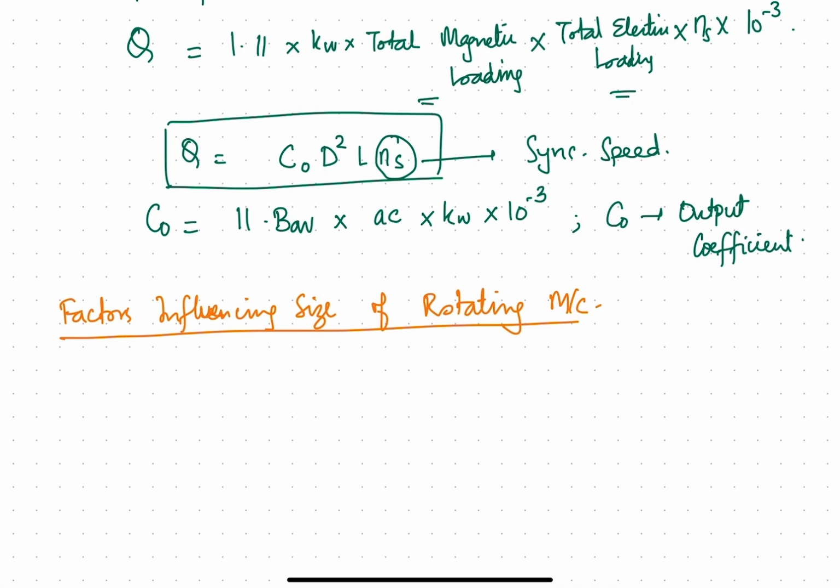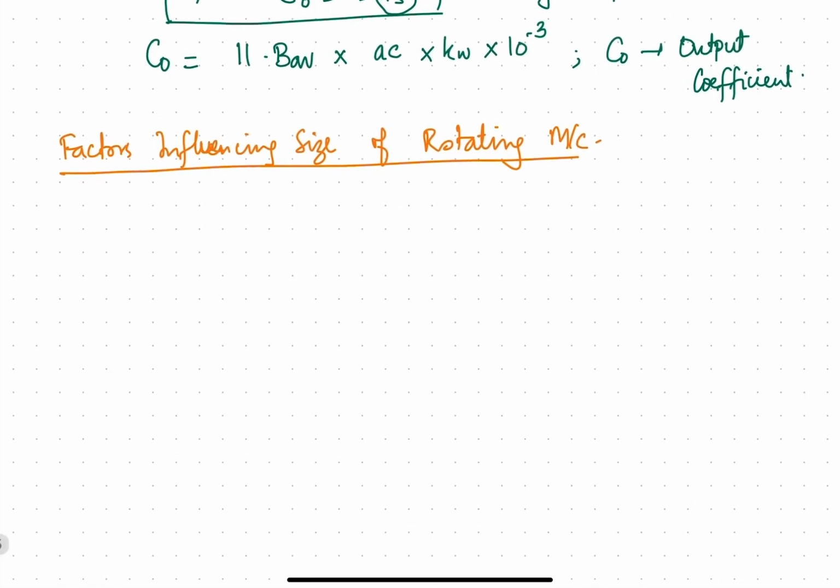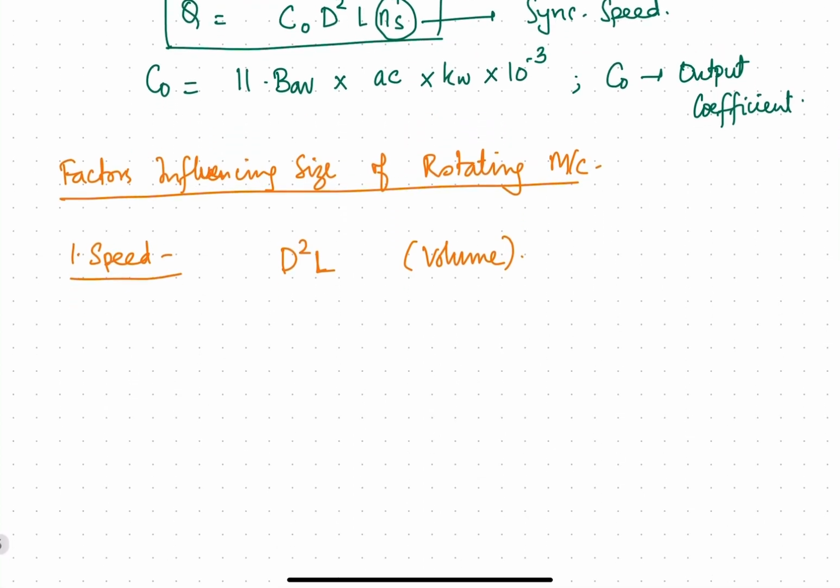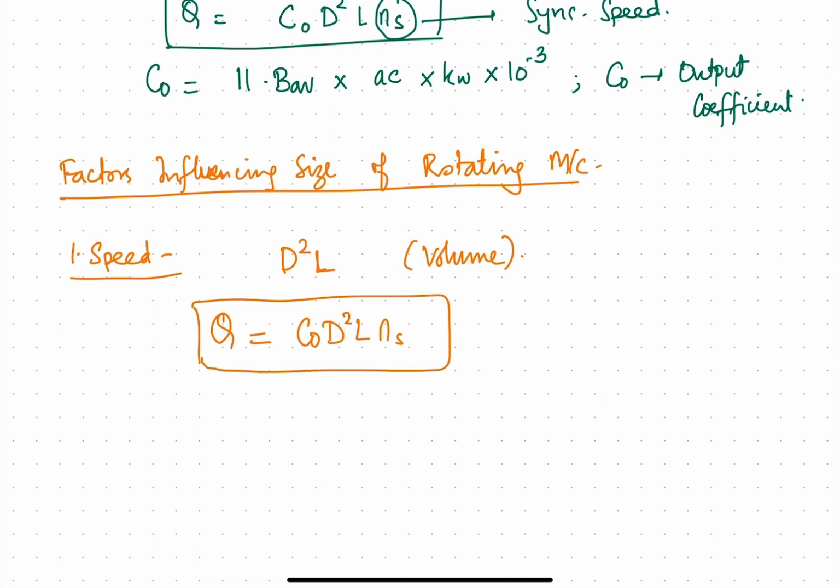We first talk about speed. This D square L is actually the diameter of the core and the length of the core, so in effect it is the volume. For the same output power, the volume and the speed are inversely related.